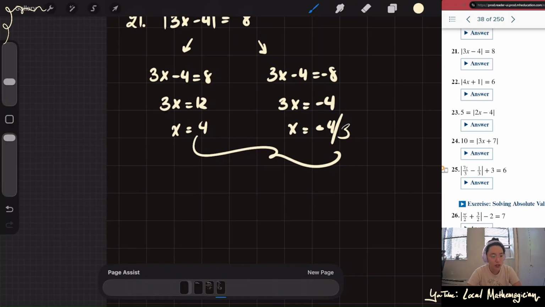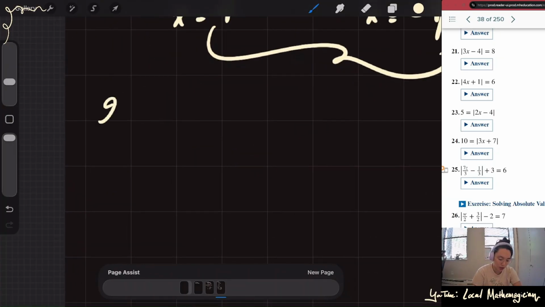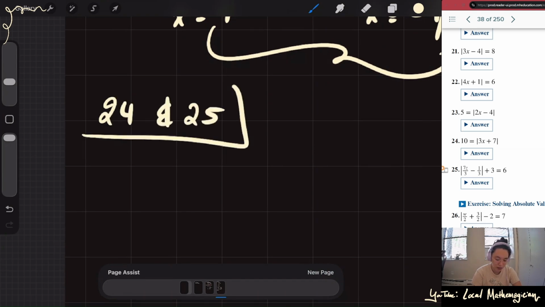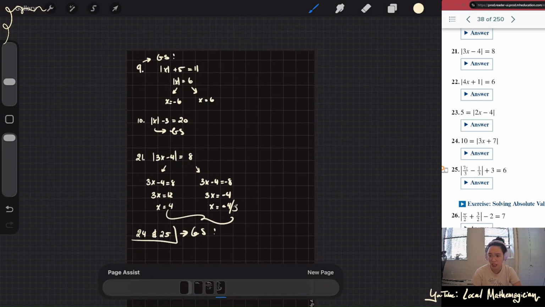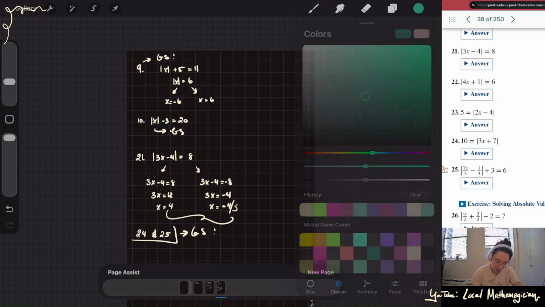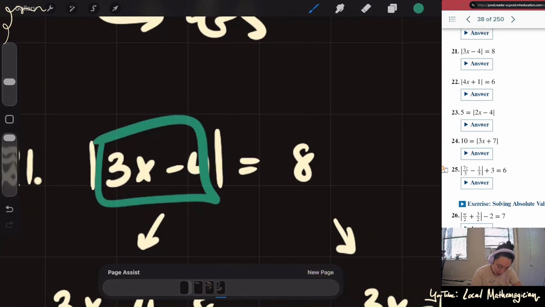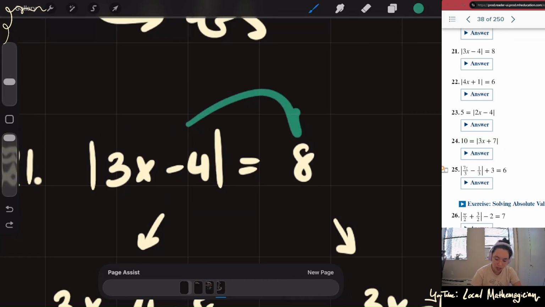What I'm going to have you guys do is I'm going to have you do number 24 and 25 and send it to Gradescope. Okay? Should be pretty easy, right? Again, the idea is whatever is inside can equal the positive or negative version of this once you have only a number on one side.